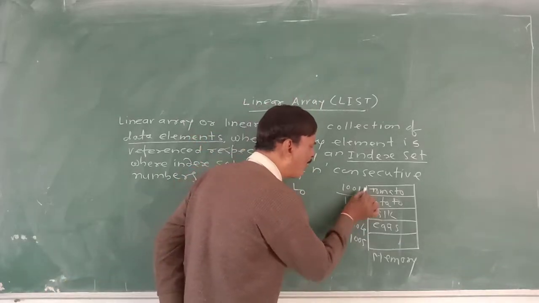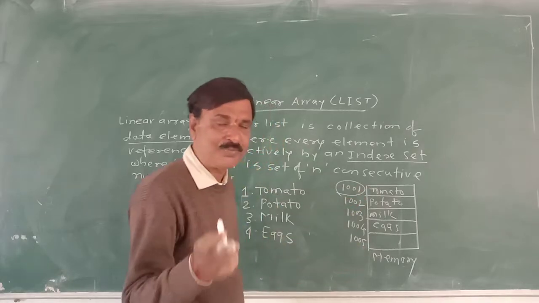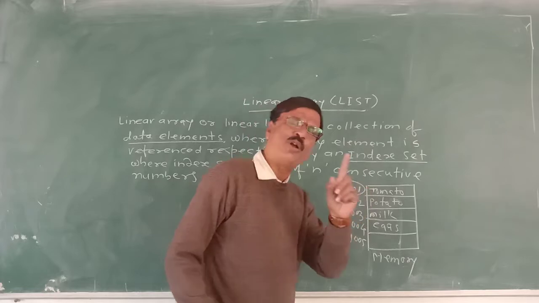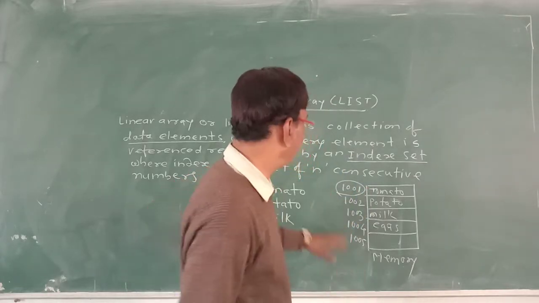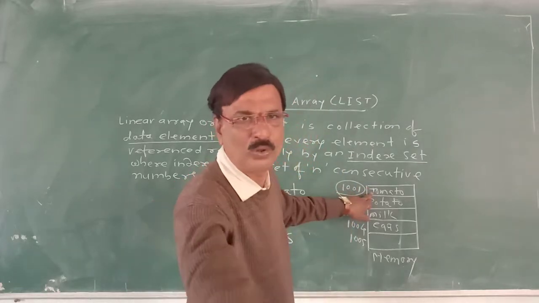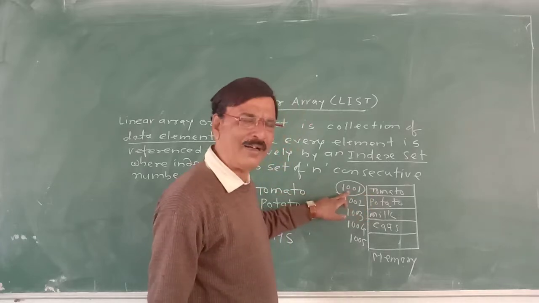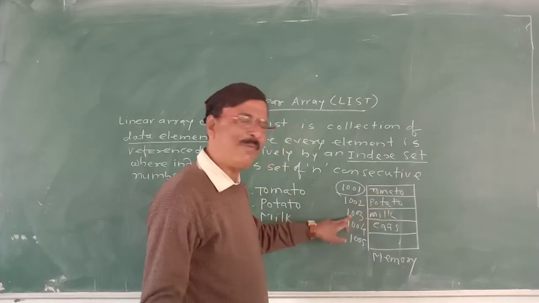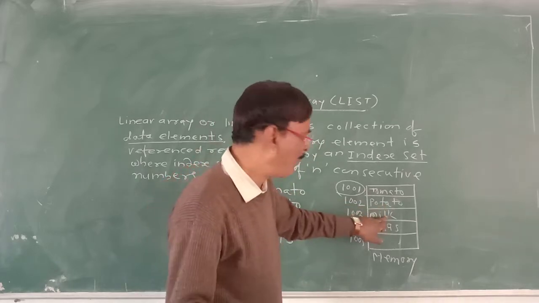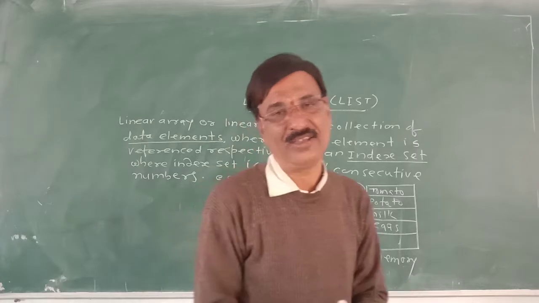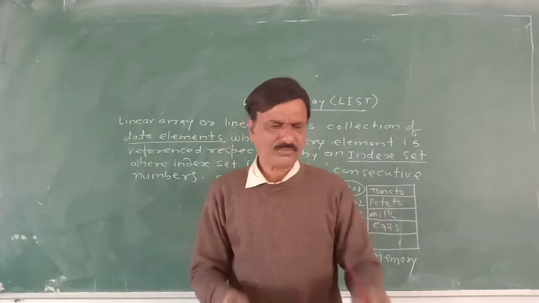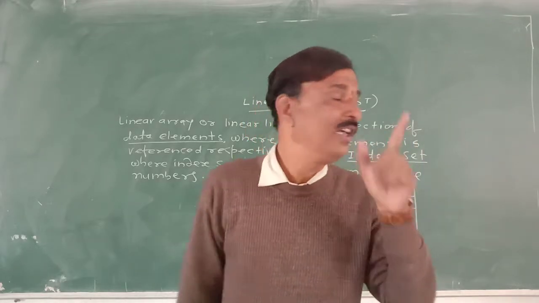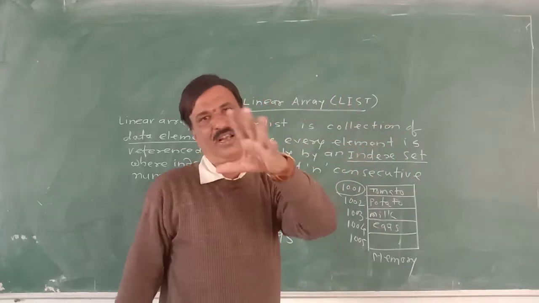And we need not remember the addresses of all memory locations. Remember the address of only the first memory location, because at the first memory location, there is the first element. At 1001 the first element is stored. Make the increment, 1002, there is potato. Make the increment, 1003, there is milk. Make the increment, 1004, there is eggs. That's why it is said that the simplest data structure is a linear list or linear array.